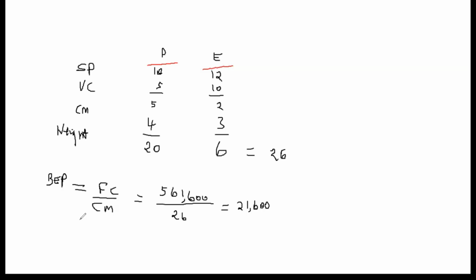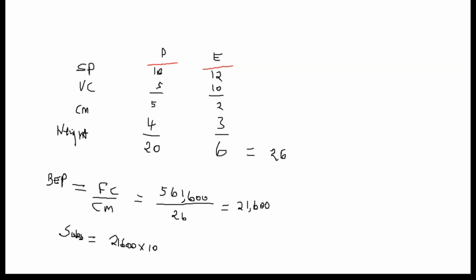So how much of the P shall we sell? Our break-even point in sales will be the units times selling price, which is 10, times the weight.